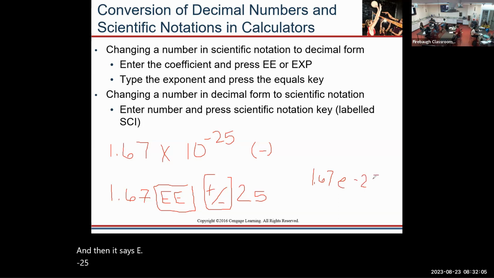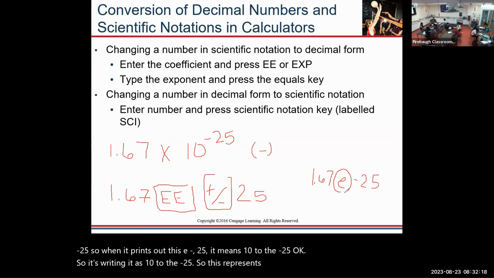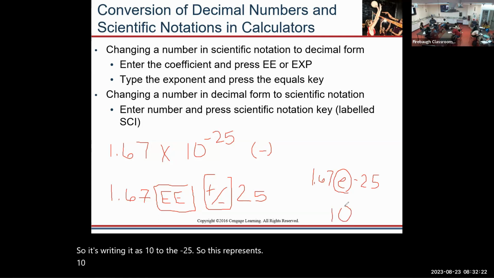So when it prints out this E minus 25, it means 10 to the negative 25, okay? So it's writing it as 10 to the negative 25. So this represents our base 10, okay?